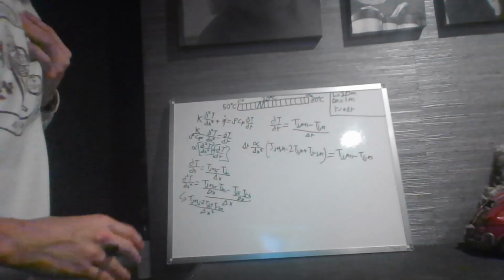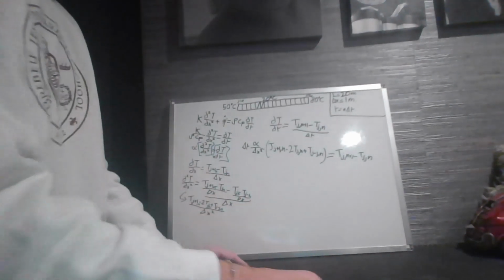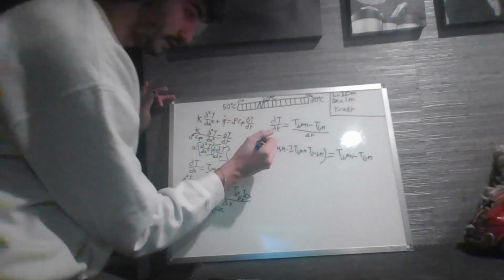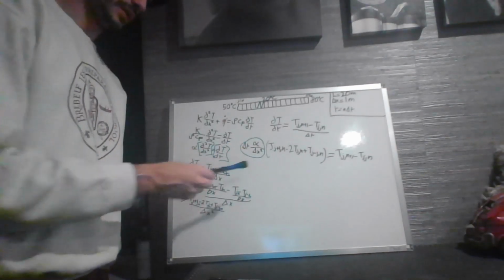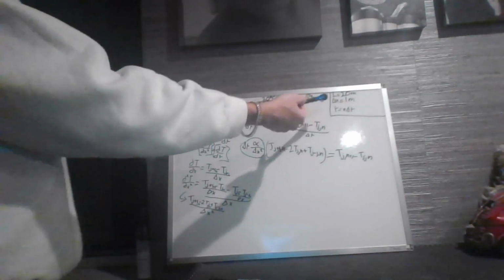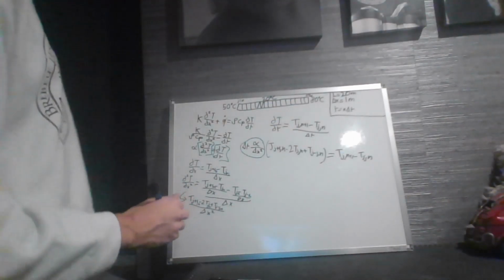This is a good expression, but we can go ahead and simplify this even more. As I said, this value should be somewhat constant, as we are going to have the value for alpha, the value for delta x, which we're given to be 1 meter, and then delta t is also something we're going to be changing.